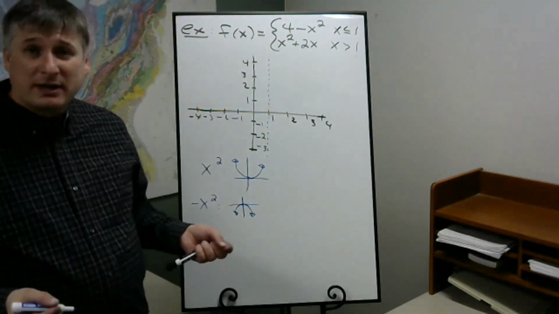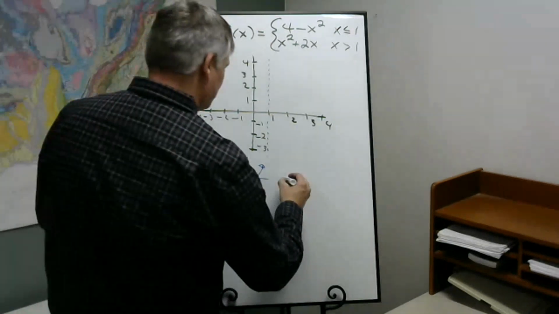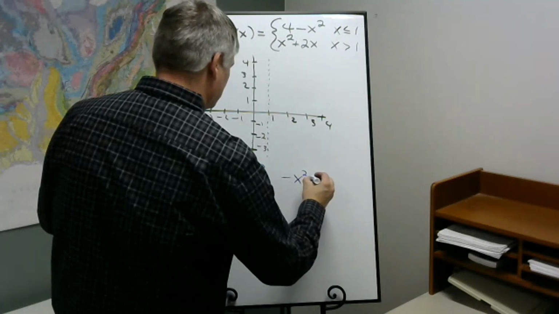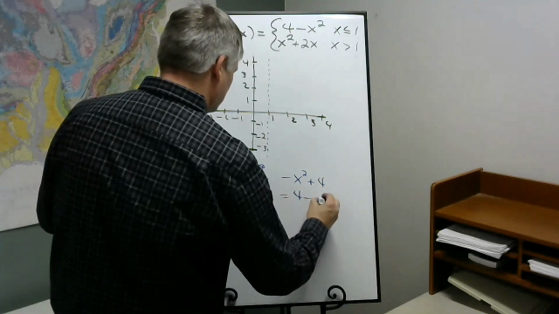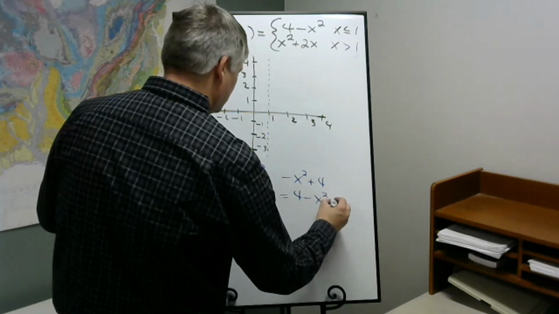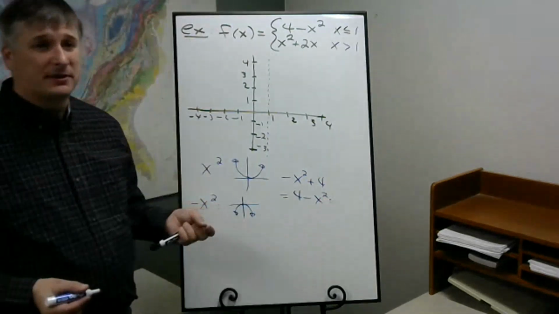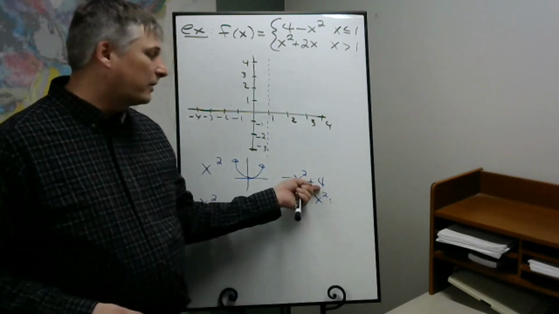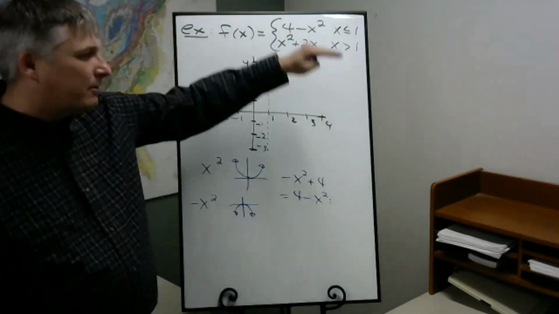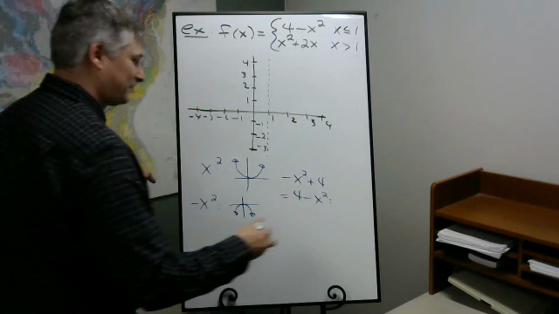And finally, we could add 4. And that's going to be the same as 4 minus x squared. So when we add 4, we're going to raise that parabola up 4 units.